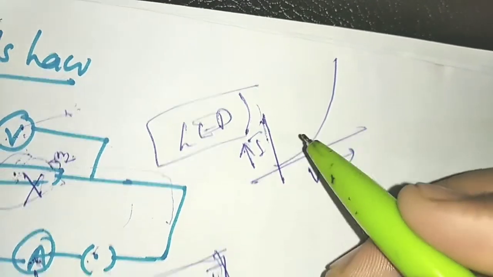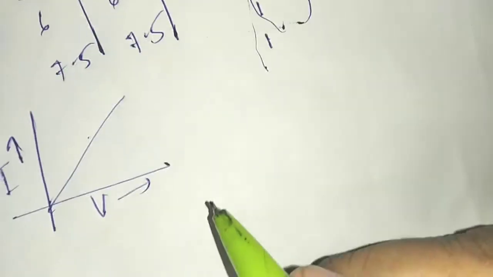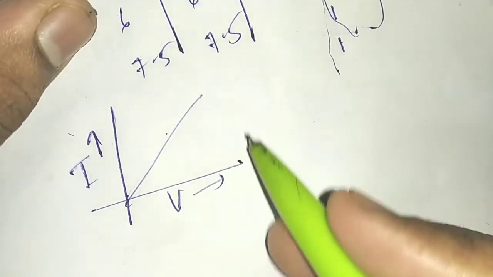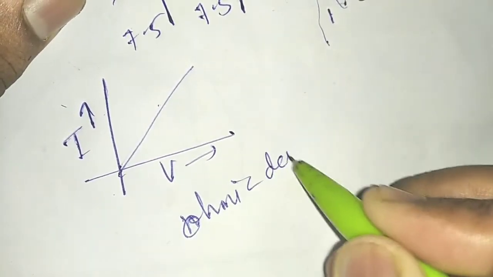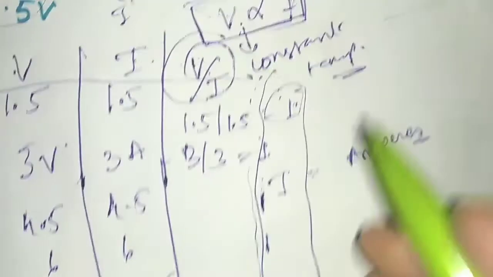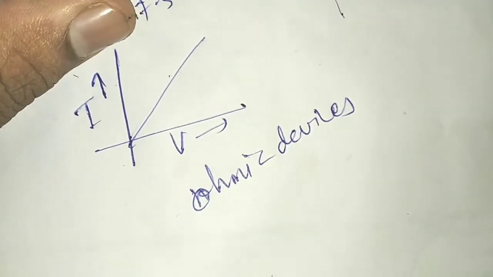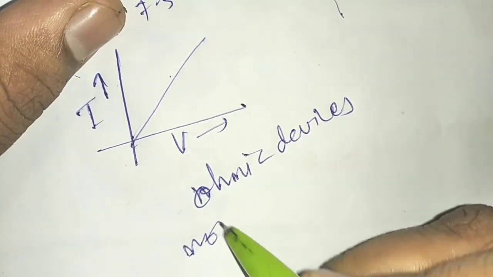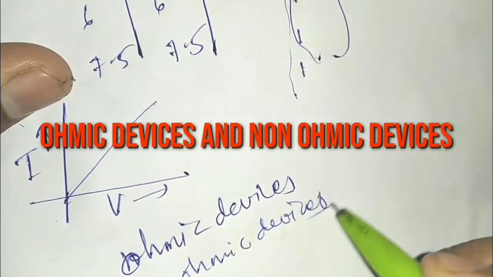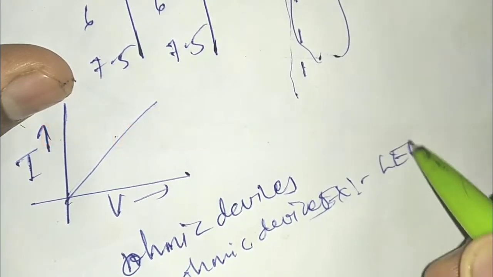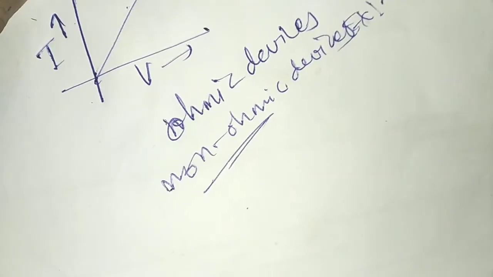So now he categorized them into two types. The devices which show linear graphs are called ohmic devices. The devices which show this kind of non-linear graph, which don't obey Ohm's law, are called non-ohmic devices. So here my non-ohmic device is the LED, right?